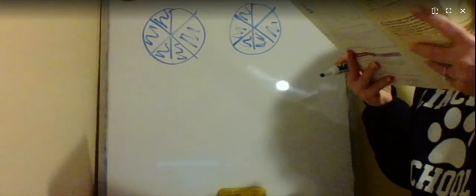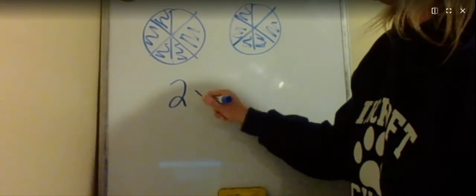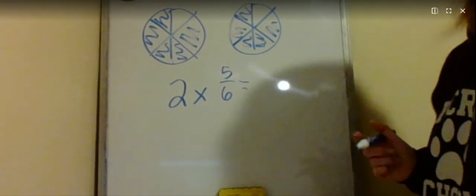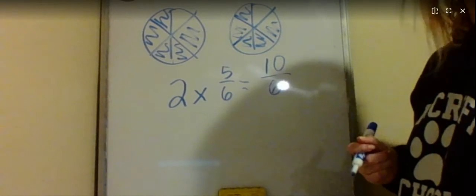And I'm going to shade 5/6 in each. So what our multiplication would look like would be 2 wholes times 5/6 in each group, which would give us how many 6ths total shaded? Good, 10/6 would be total shaded.